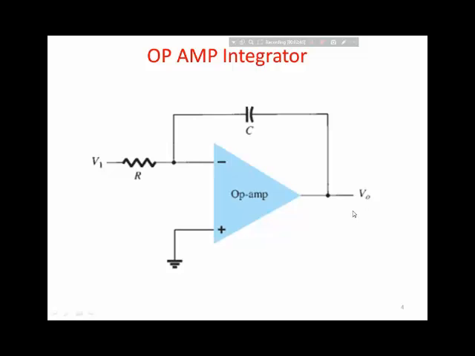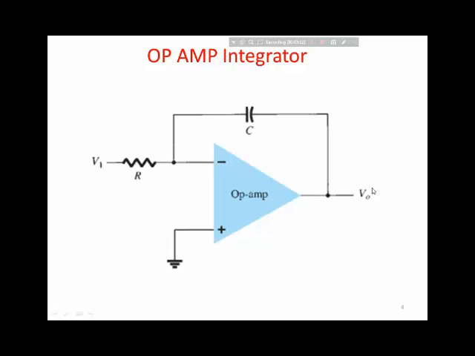That is, the integration of a constant is t. Similarly, if you apply e to the power x at the input, the integration of e to the power x would also be e to the power x. So this circuit will give you the mathematical integration.